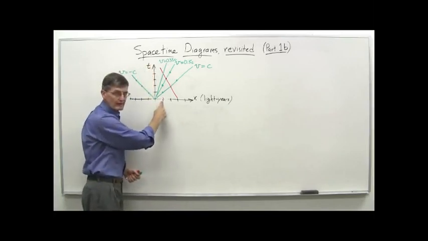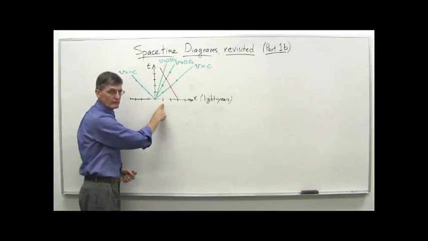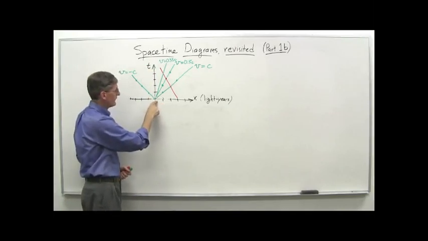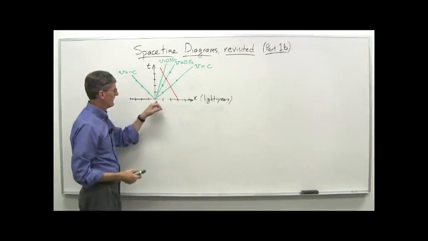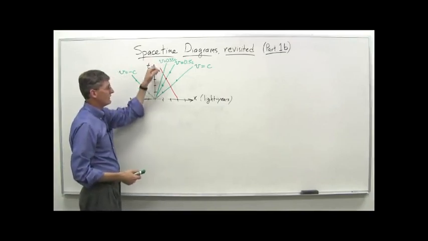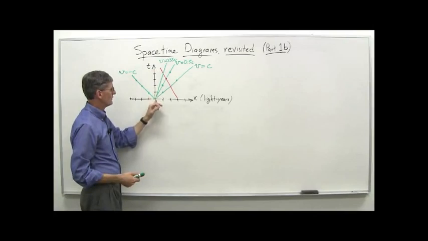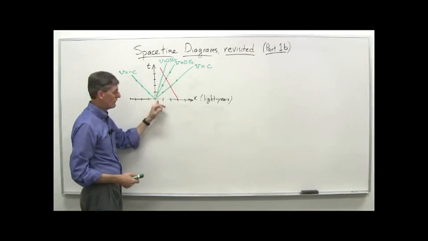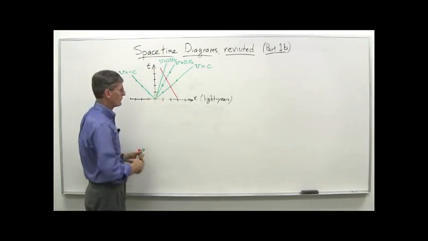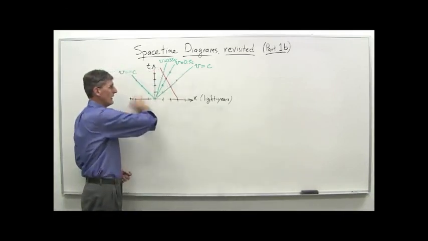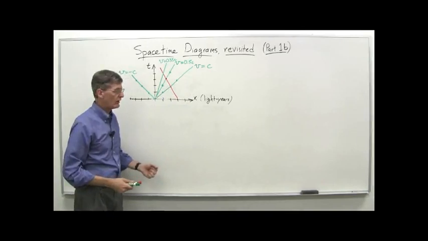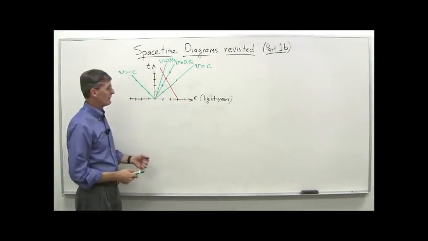If this is 1 light year, that's billions of kilometers, and therefore, if t was a year here, 2 years, 3 years, you'd just go slightly over on the x-axis. So we're talking about astronomical speeds here, speeds going at appreciable fractions of the speed of light in our examples.